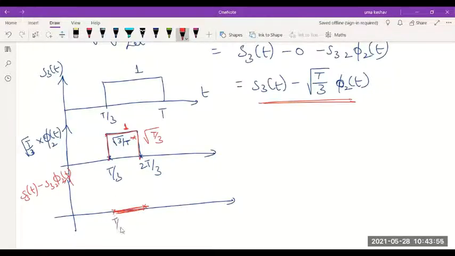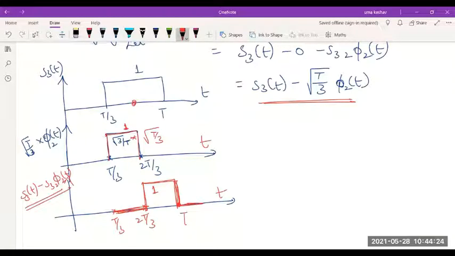Between t by 3 to 2t by 3, you can see in this range it is 1 minus 1, which is 0. Whereas between 2t by 3 to t, it is 1 minus 0. So this would be the waveform. If I try to find S3 minus S32 into phi 2, I'm going to get a waveform like this.